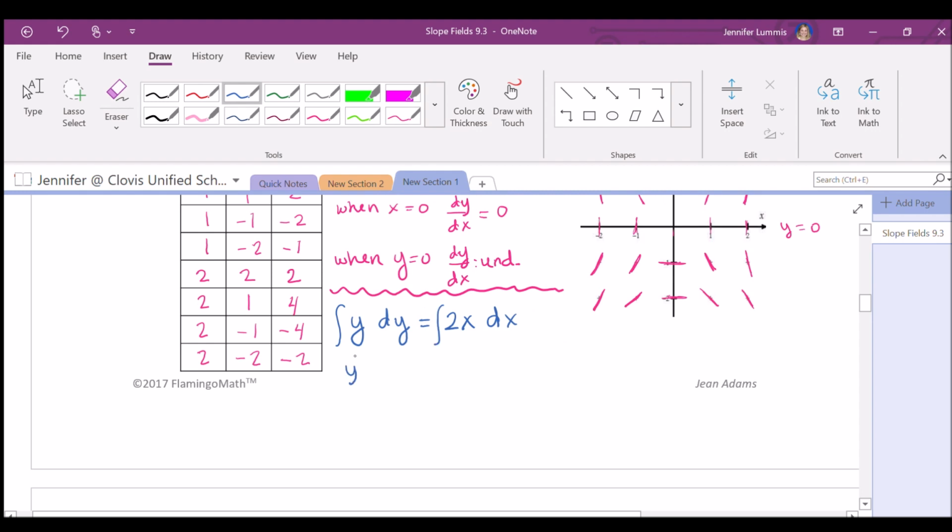So we get y squared over 2 is equal to x squared plus c. So you'll notice you have x squared and y squared, which means that we're looking at some kind of conic. So let's get y squared by itself. Y squared is equal to 2x squared plus c.